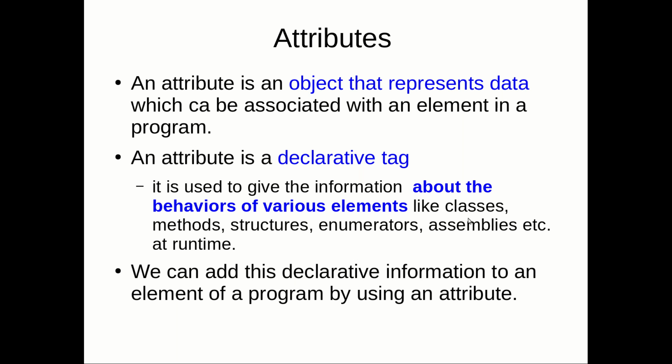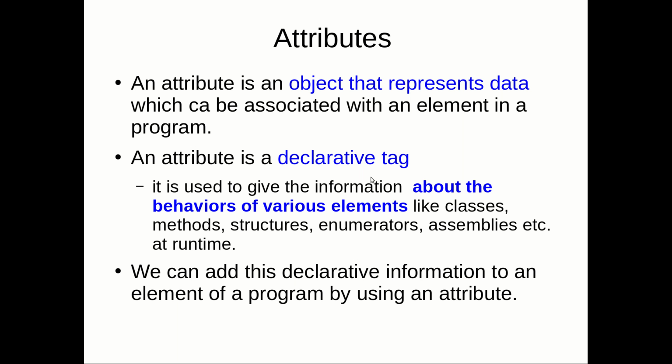What kind of elements? Such as classes, methods, structures, enumerators, assemblies, etc. But for all these elements, if I want to give some information during the runtime, then I can use attribute as a declarative tag. That is the purpose of attribute.